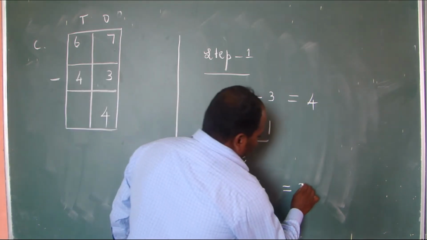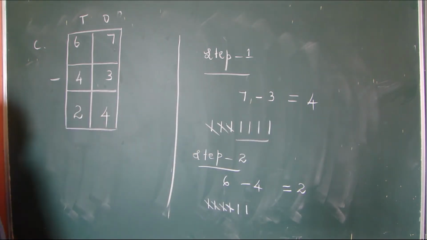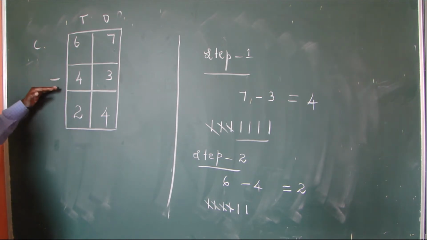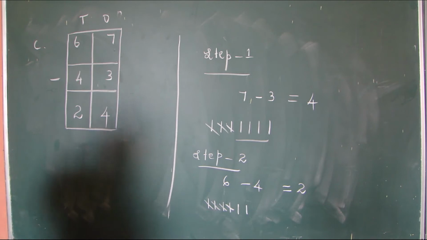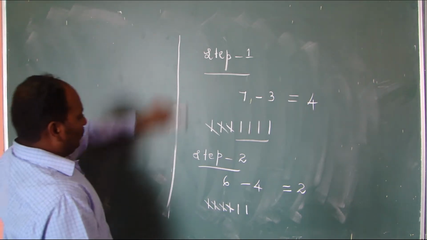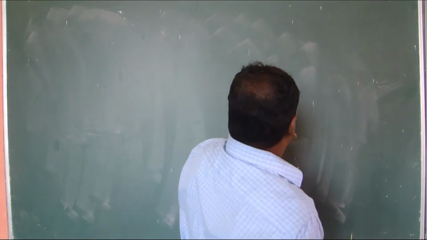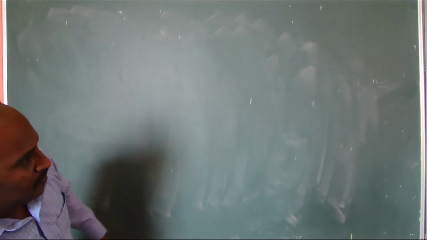So 6 minus 4 is equal to 2. 2, write in tens place. So our answer is 24. 43 subtracted from 67 is equal to 24. Next one, D part.